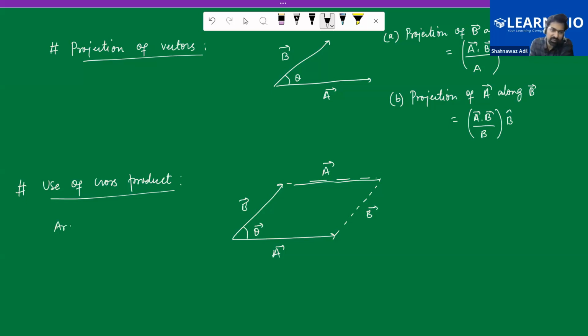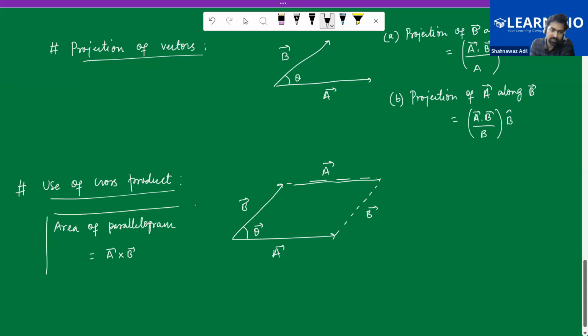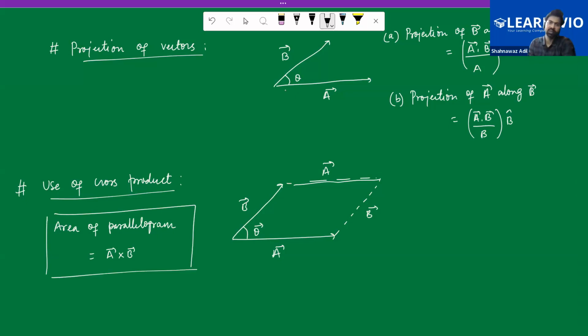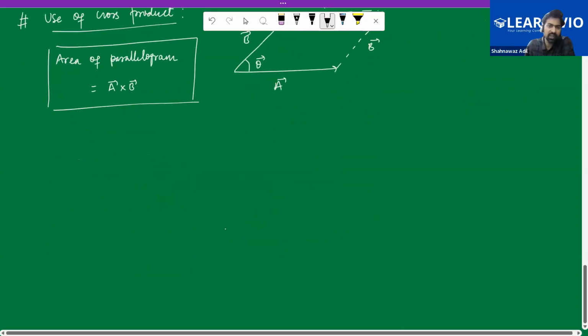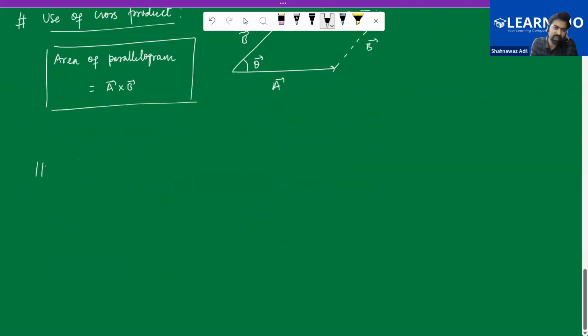The area of the parallelogram would be the magnitude of A cross B. Is it clear? Yes, sir, it's clear.